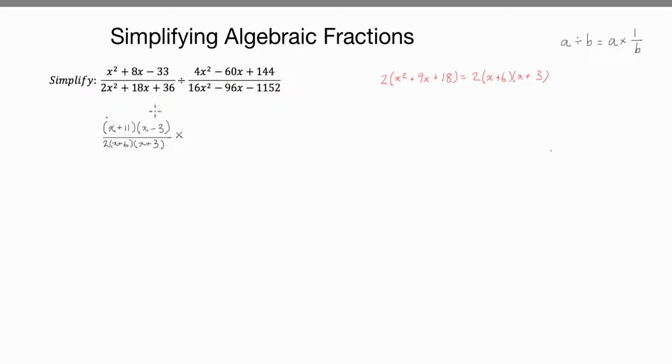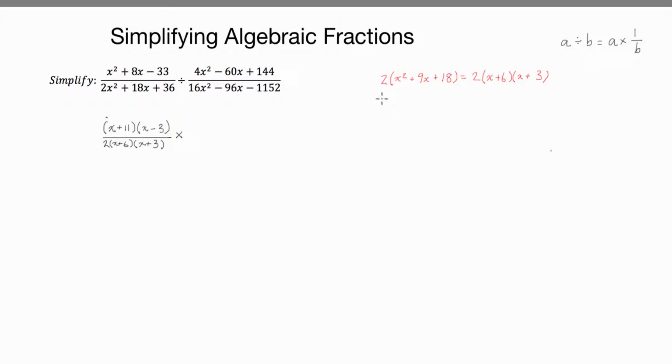So we'll start with the denominator, because that is going to be the new numerator. So we'll do that over here as well. What we can do first is, 16 goes into 96 6 times, 16 goes into that.